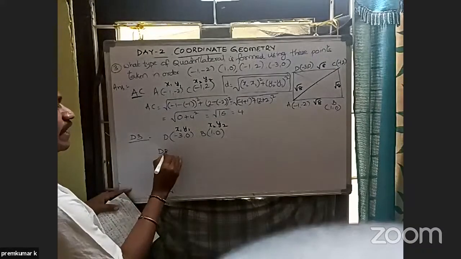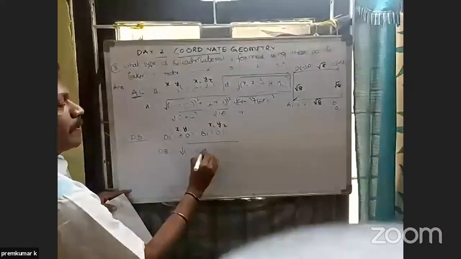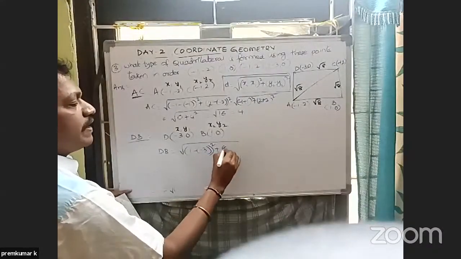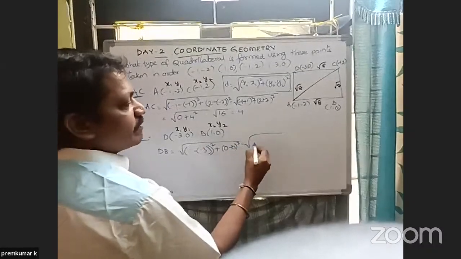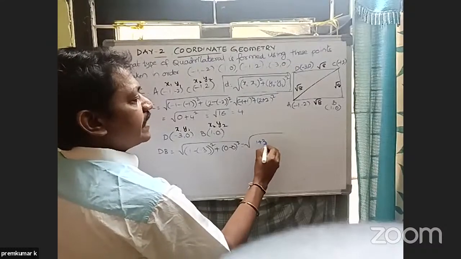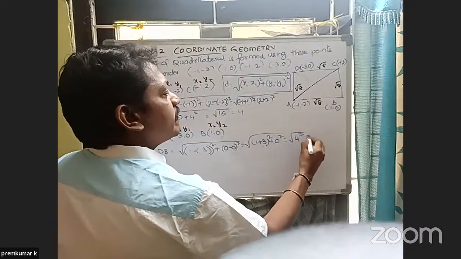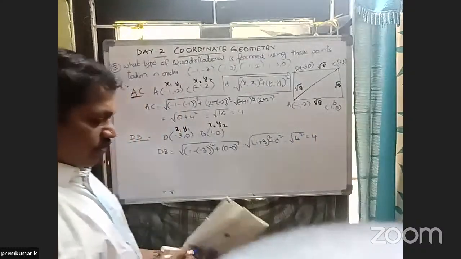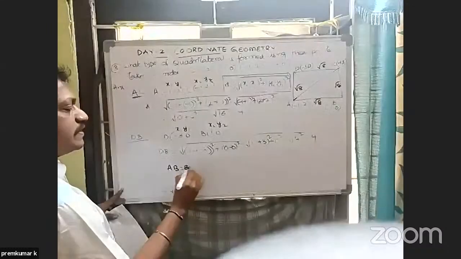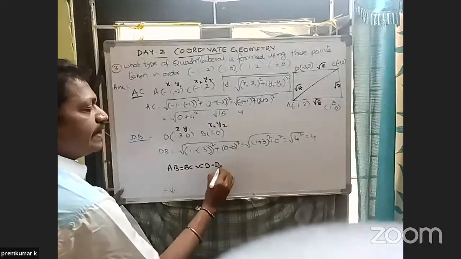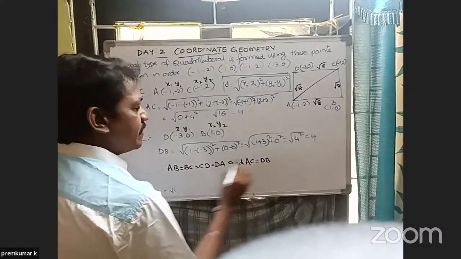Substitute this DB value: root of x2 minus of -3 whole square plus 0 minus 0 whole square. 1 minus of -3 means 1 plus 3 whole square. This is 0 square. 4 square you will get 4. Therefore, we come to a conclusion that AB is equal to BC is equal to CD is equal to DA and AC is equal to DB.